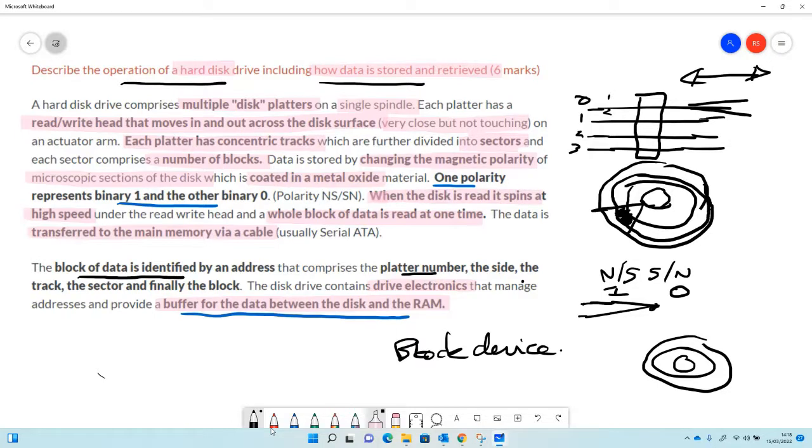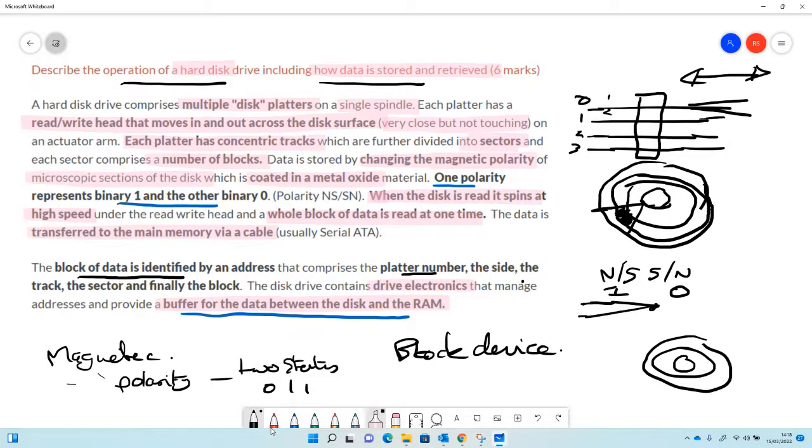If you only remember that it's using magnetic polarity, north-south, south-north, to store binary, and that there are a number of platters and that it spins around, then you're going to get some marks for all of that. It might be worth trying to remember the idea of magnetic, because a hard disk is a magnetic store. What do we know about magnetic? Well, we know that it has polarity. If we can describe the polarity, then we can describe 2 states, noughts and ones.